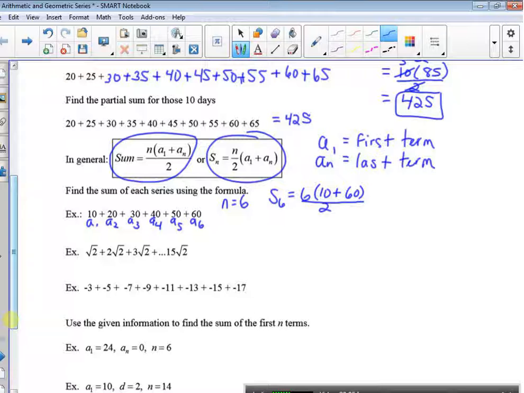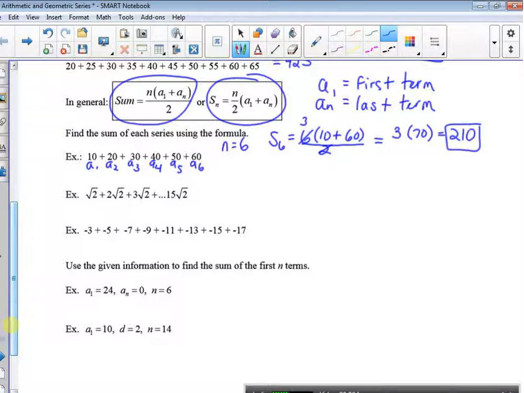You can also obviously just add these together very easily without using this formula. This formula is useful with something like example 2 or example 3. It gets a little harder. So it basically turns out that 6 and 2 simplify to 3, and 3 times 70 is 210. So that's the sum of that one.